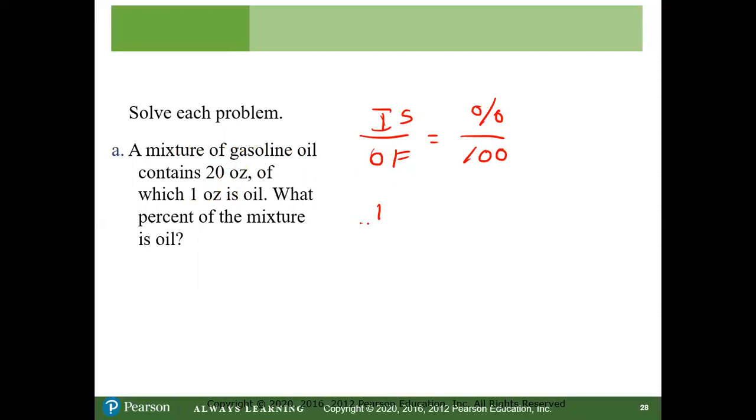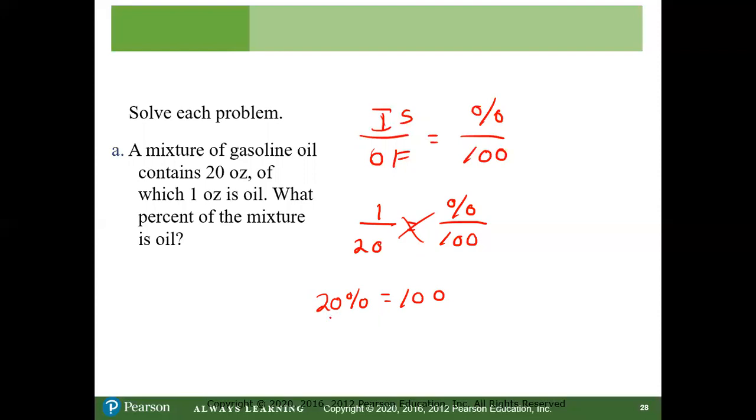So we've got 1 over 20 is equal to percent over 100, because we're trying to figure out what the percent is. Now that we have this, we can take the cross product. Anytime you have two fractions equal to each other, it's called a proportion. So we take the cross product. That gives us 20 times percent is equal to 100.